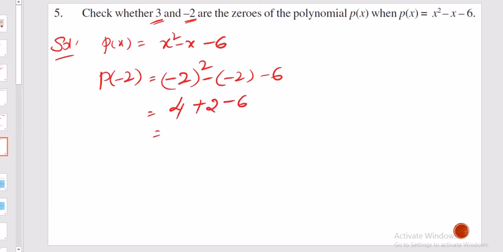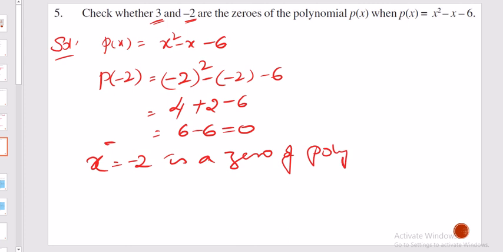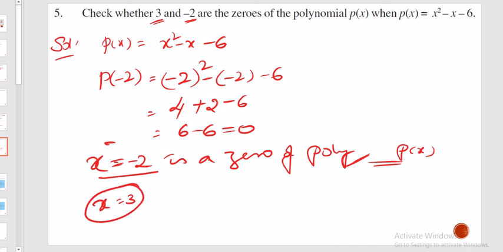So 4 plus 2 is 6, minus 6 is 0. So I can say x equal to minus 2 is a zero of the polynomial p of x. You check for 3: substitute x equal to 3, check whether it is a zero of the polynomial or not, and mention the answer in the comment box.